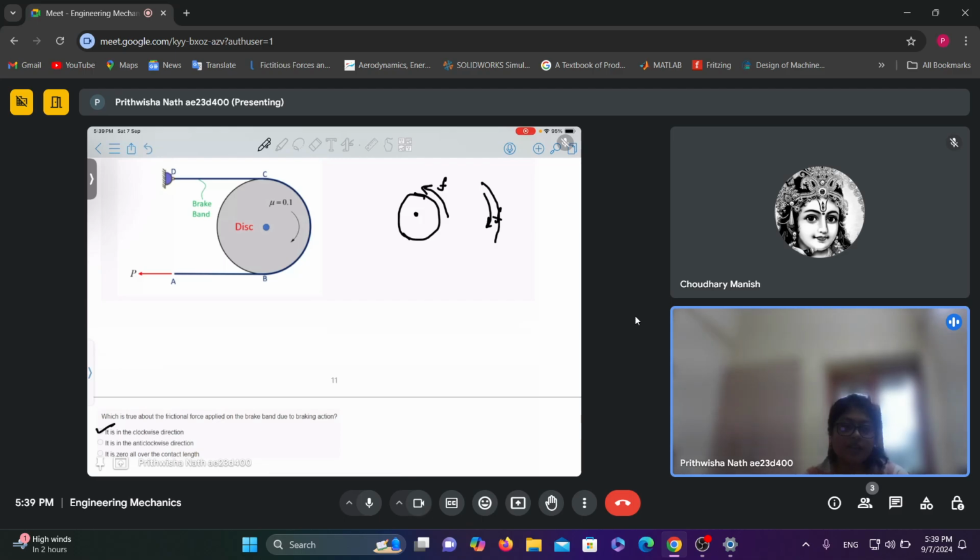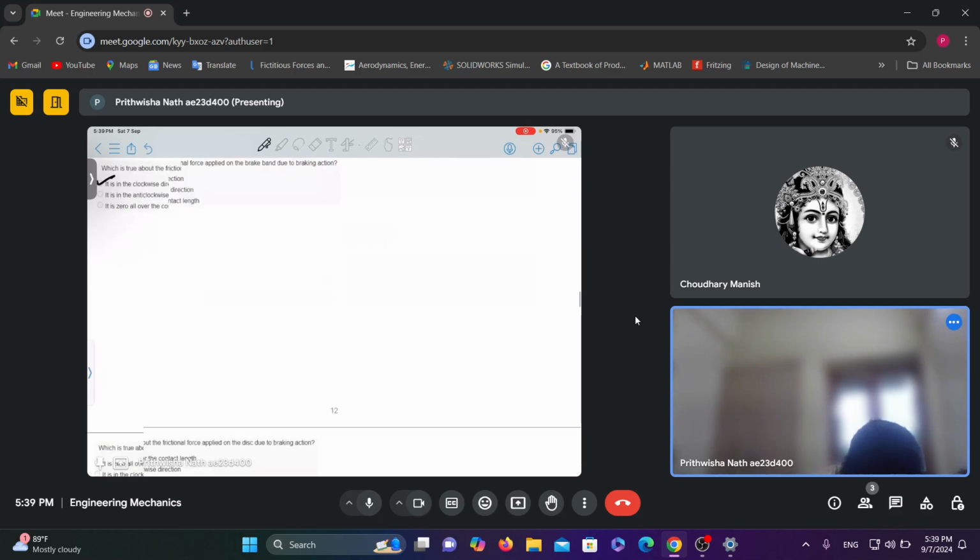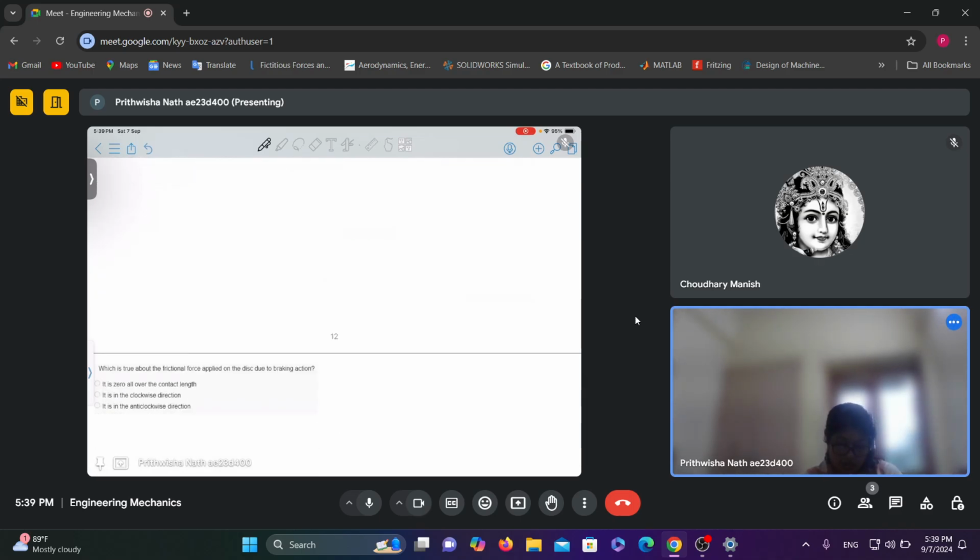Is there any doubt regarding this? So the next part, which is true about the frictional force applied on the disc due to the braking action.